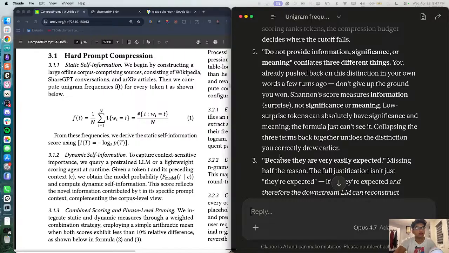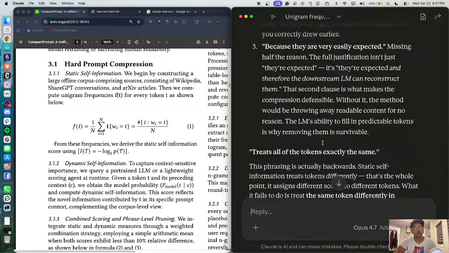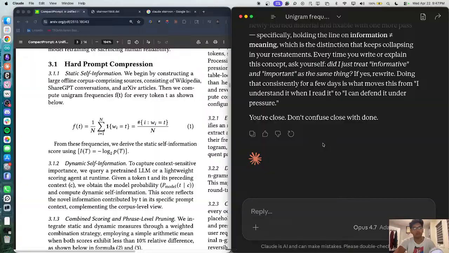All right. Okay. So I'm going to go through that second pass and make sure that I understand everything before we move forward. Okay, so essentially, what I needed to understand is that, first of all, static self information is based off of the work of Claude Shannon and specifically the information theory.